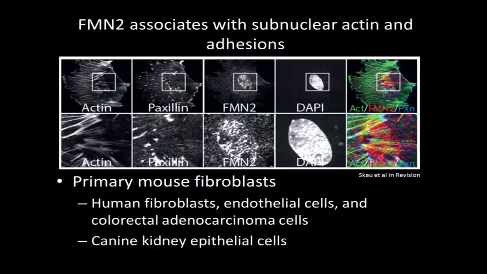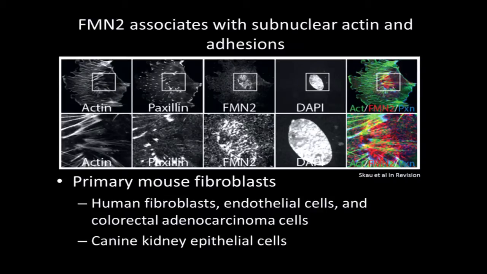We're all obsessed with the leading edge, and then we saw this formin and thought, oh my God, it's right under the nucleus. It almost looks like it's in the nucleus, but this is a confocal section on the bottom of the cell. It's underneath the nucleus, and it's not totally perfectly co-localized with the actin and these adhesions, but it's associated with this subnuclear actin and adhesions.